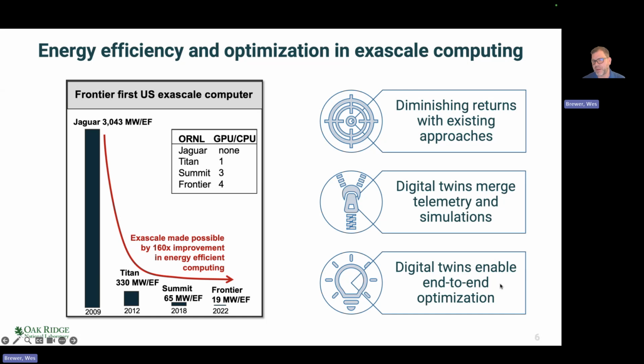Our main hypothesis for this work was that digital twins can be a key enabler of end-to-end optimization. So it can be used as an advanced tool to study different strategies for improving energy efficiency.